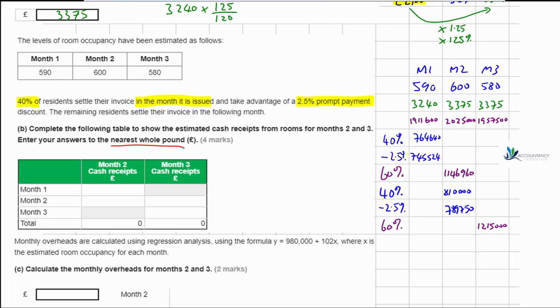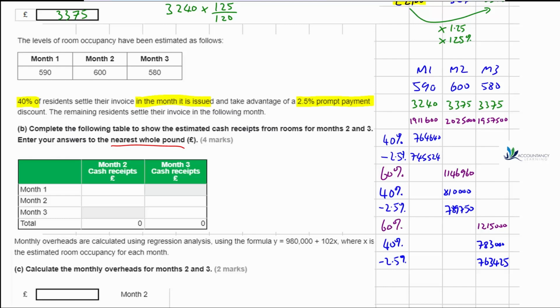And then for month 3, so we've got our total income of the 1,957,500. And remember, 40% pay in the month. So we can work out that 40%. But they get a 2.5% discount. So they only actually pay 763,425.